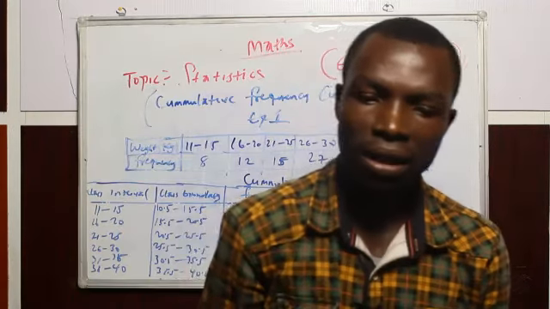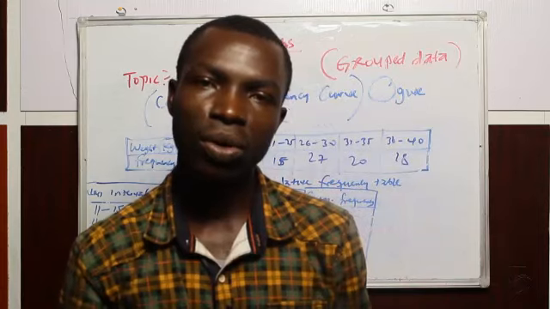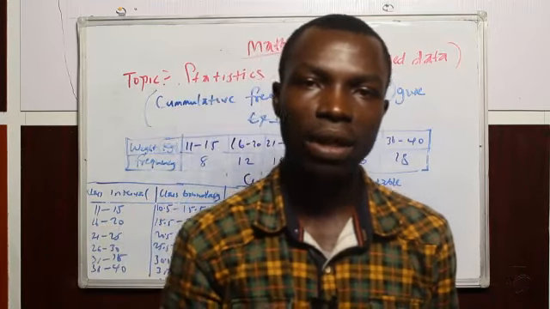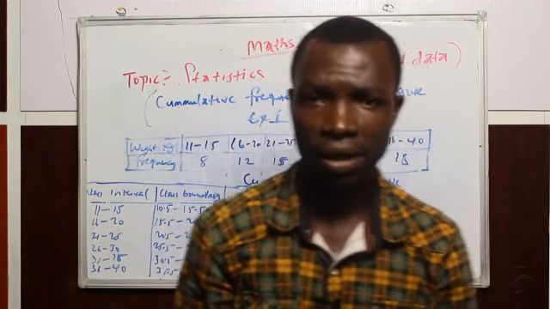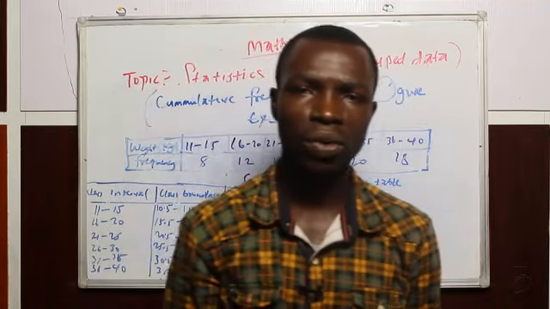Now, thereafter, we are not yet through because we have gotten the data correctly now. The next thing is for us to plot our graph. I'd like you to bring out your graph once again because we've plotted the histogram.